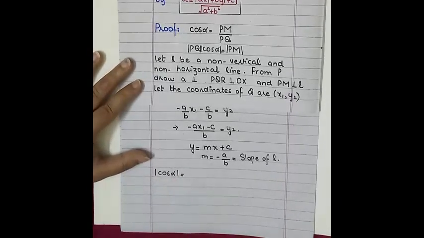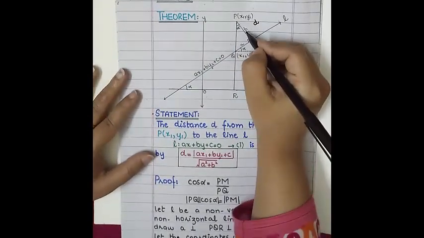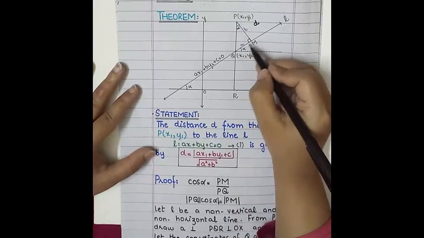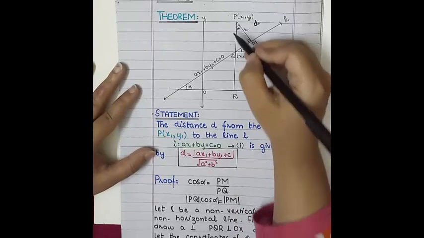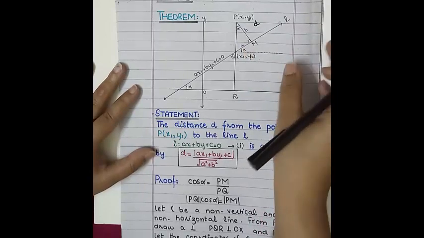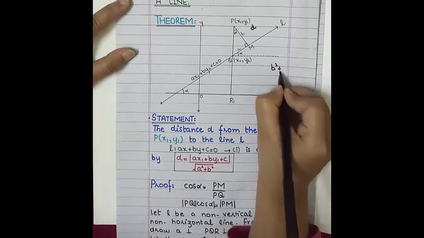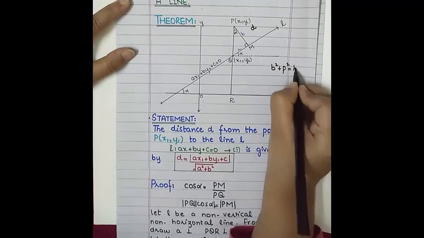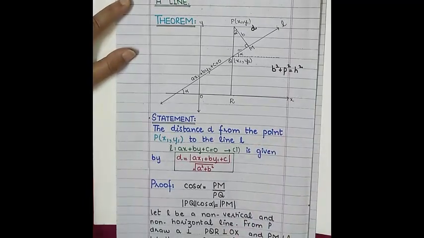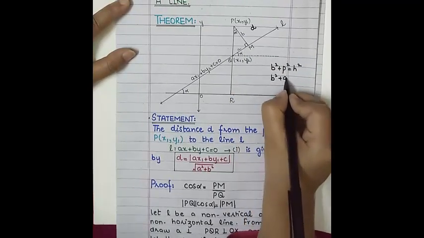Cos alpha is equal to base over hypotenuse. The base we have is this side, which we represented as b. This side we represented as a, which is the perpendicular, and this is the hypotenuse. As we know, base square plus perpendicular square is equal to hypotenuse square. So base is equal to b, perpendicular is equal to a.